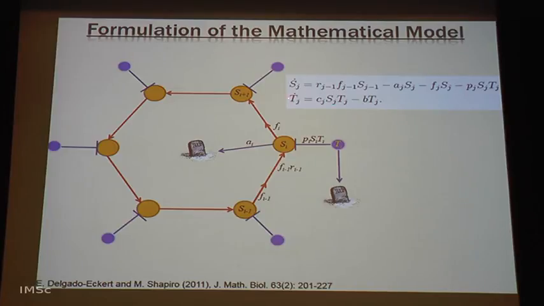So you have, for the time derivative of the size of the population of a given stage, an influx from the previous stage, a decay, a transformation into the next stage, and a reduction that is due to interactions with the immune system.